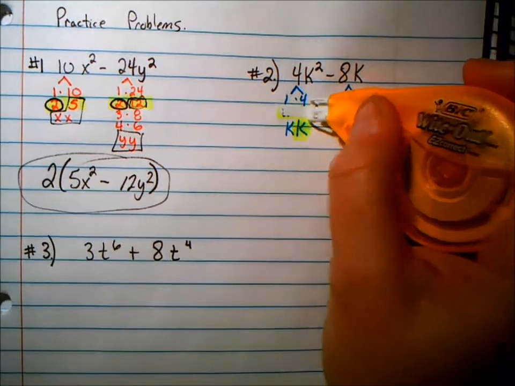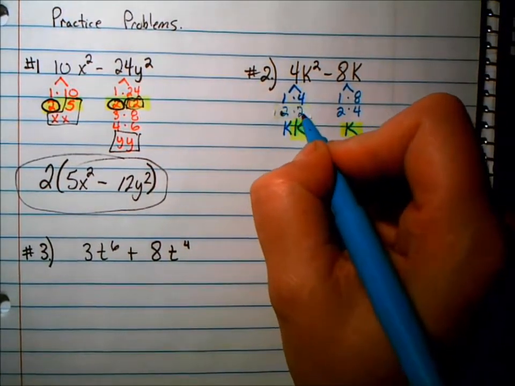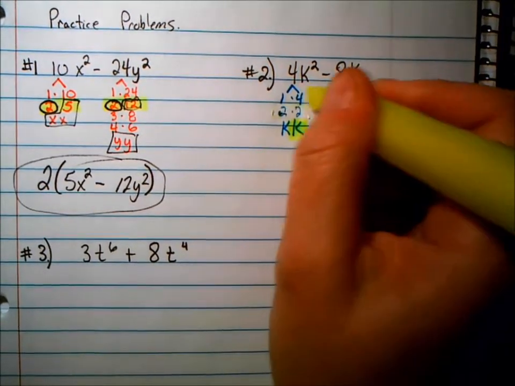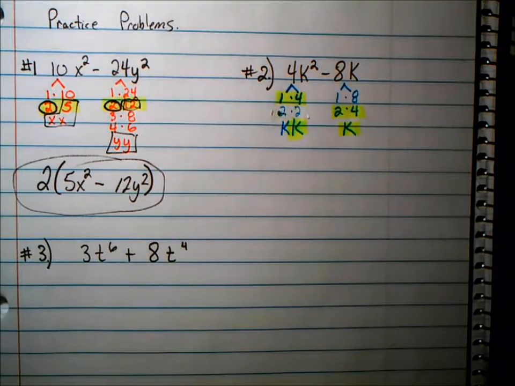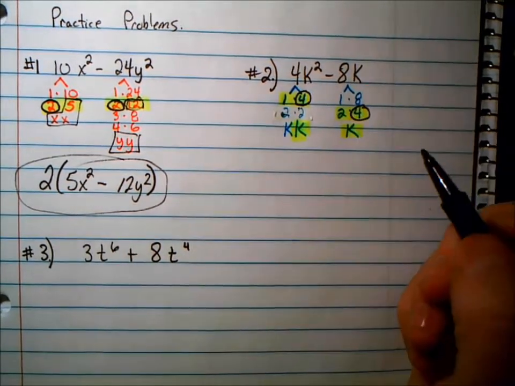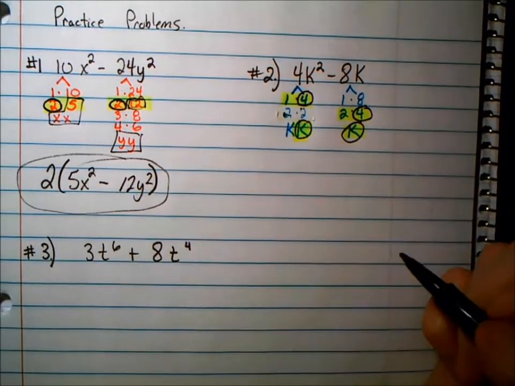Let me rewrite that one, 2 times 2, because I noticed just now that I actually had a 4 that was higher than the 2. So the 4 is my greatest common number, and then also I have the k. I have a k in each one of them.